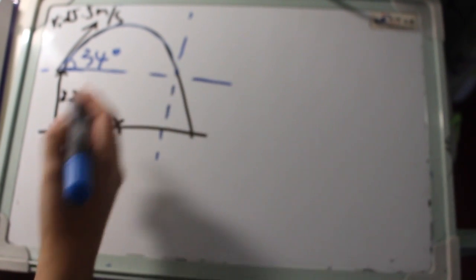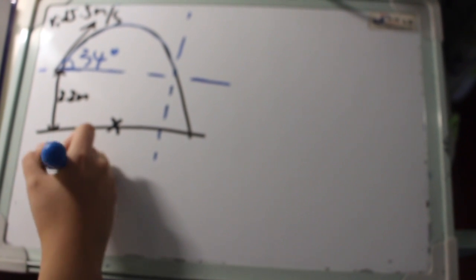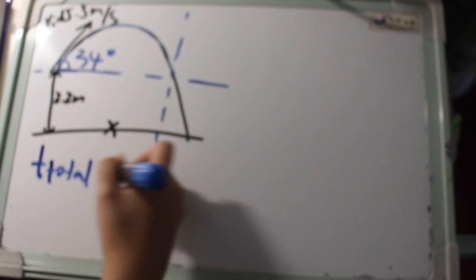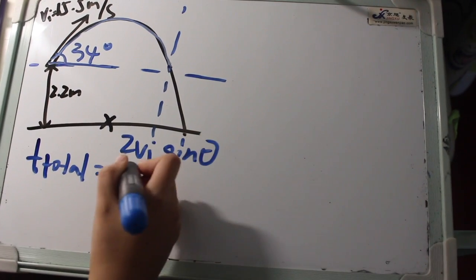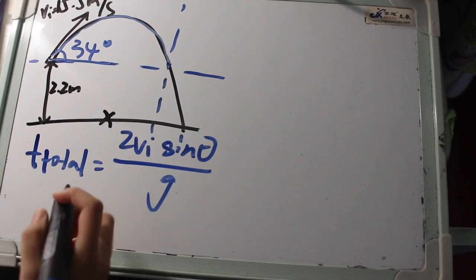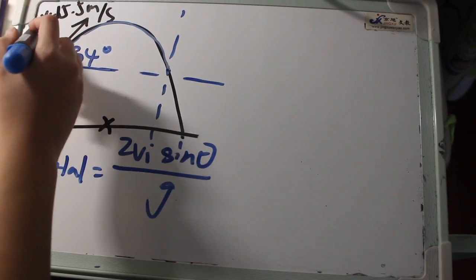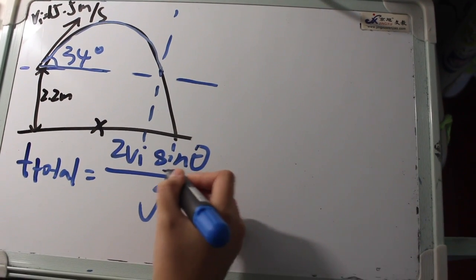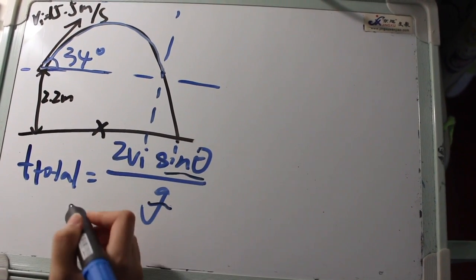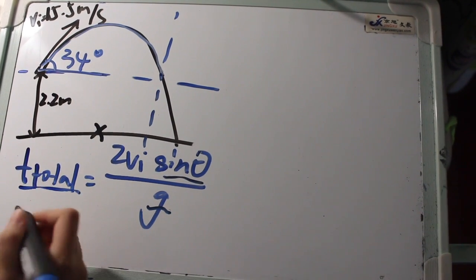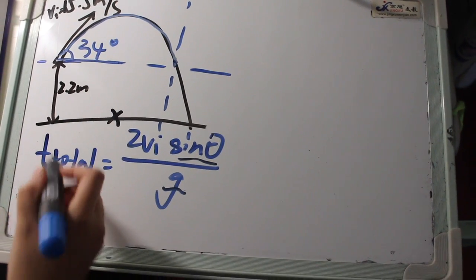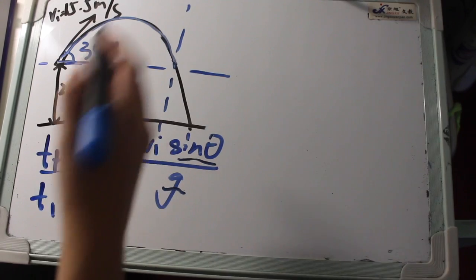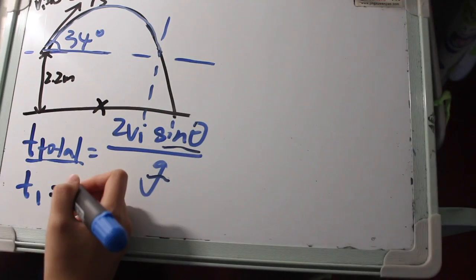We know it is a parabola, and we can use the formula T total equals 2 Vi sine theta over G. We know the Vi, we know the sine theta, we know G, so we can know the answer of T total. We use T1 to represent T total. That's the time of this part.